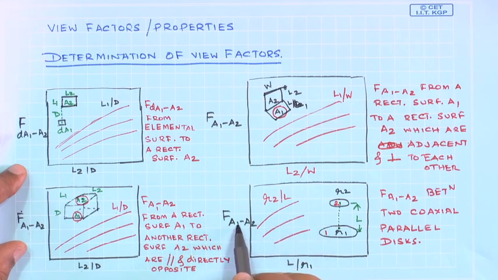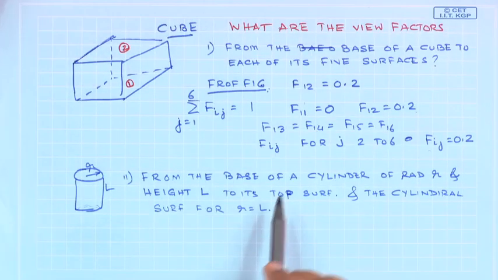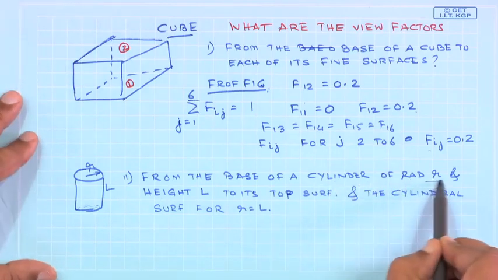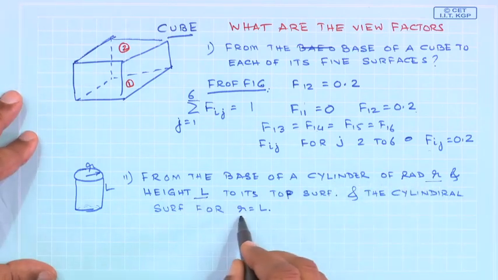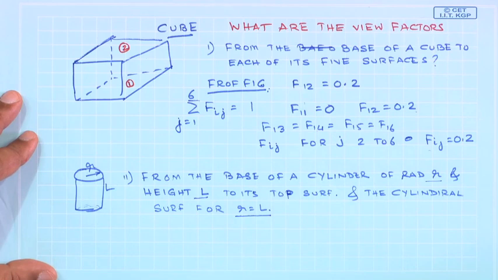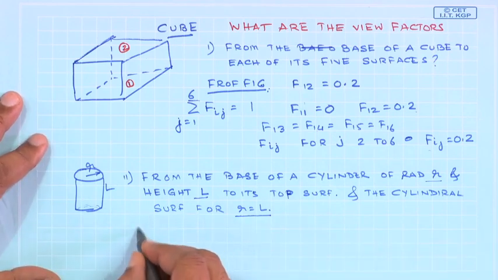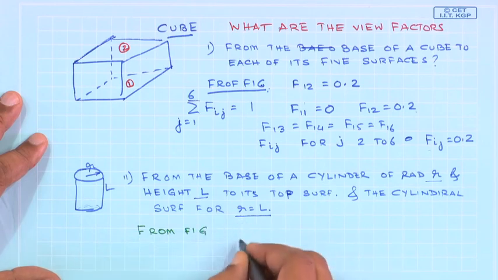So, you can read what is the value of F12. So, if the radius r and L are both the same, then from the figure you would see that you should check it on your own.